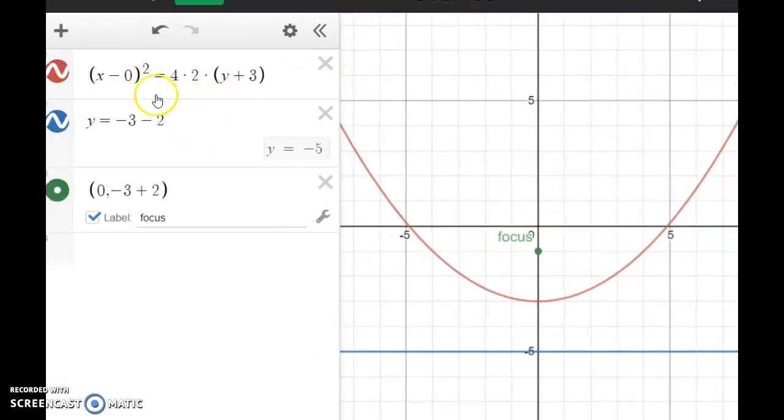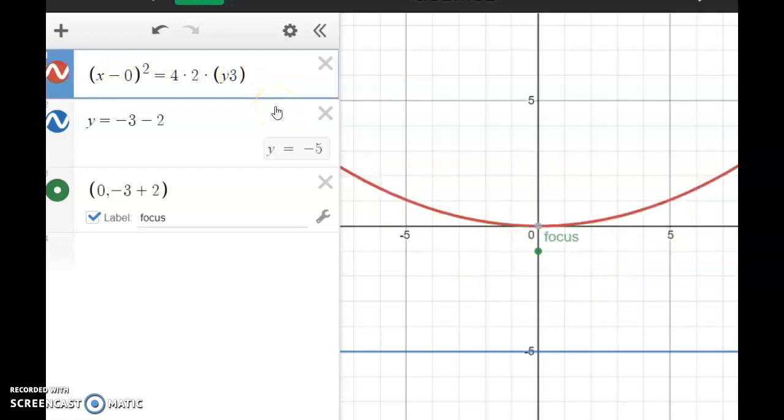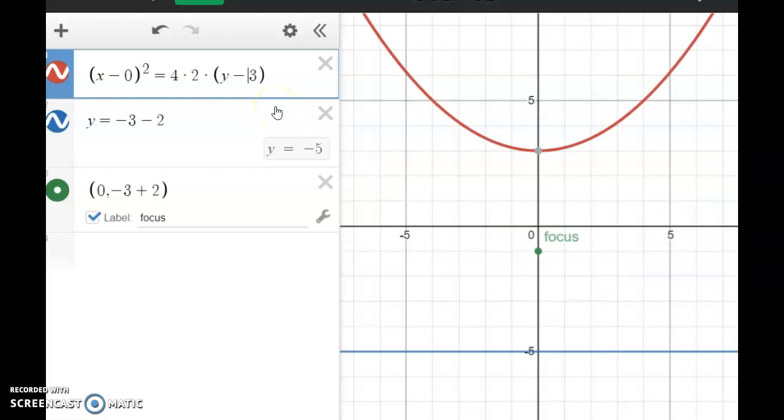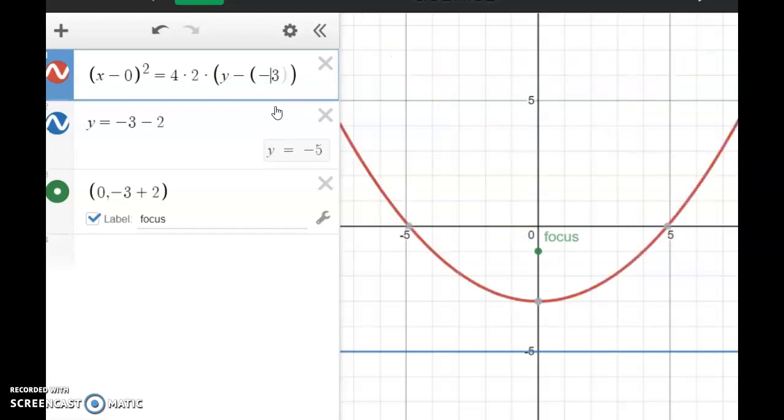I wrote it a little bit differently. Notice my minus 0 here, and that negative 3, which I do want to rewrite as minus negative 3. I should have done that earlier.